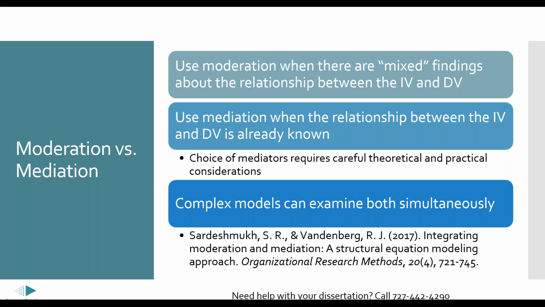So for instance, let's take the example of age. Generally, you wouldn't want to use something like age as a mediator, because when you're picking mediators, you're picking intervening variables or variables that act in the middle of some kind of process between the independent and dependent variables.